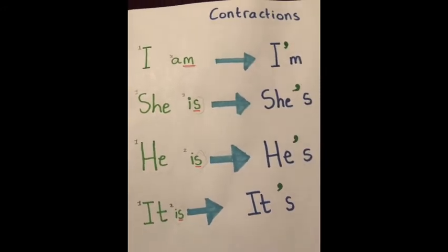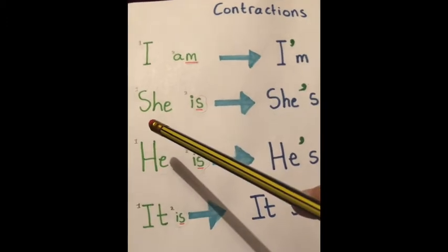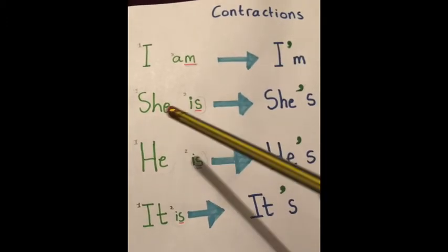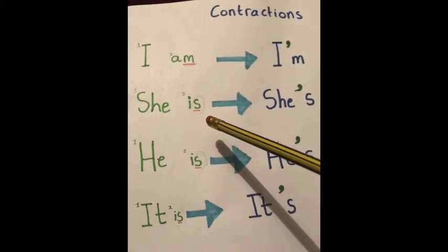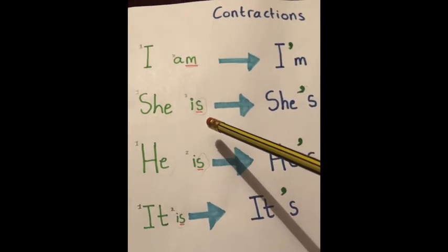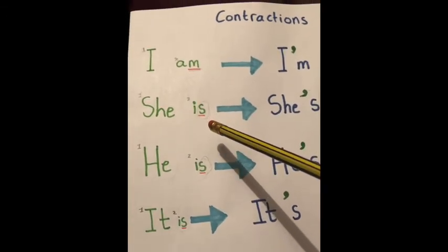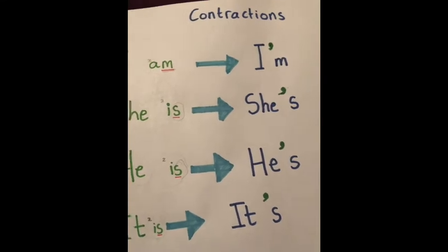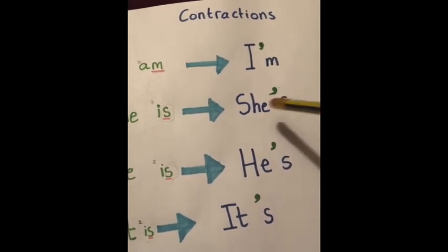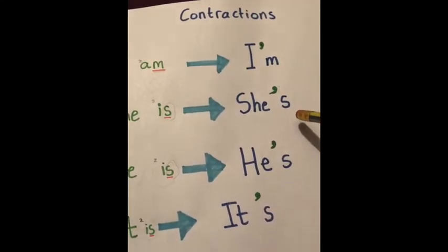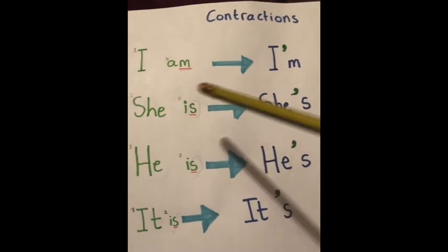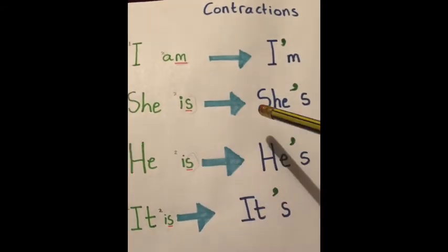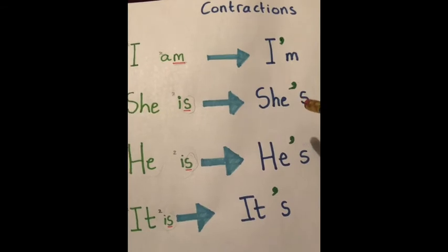Okay? Now, she is. She is an excellent girl. Okay? She's an excellent girl. Here, she's is a contraction. Okay? Because we changed these two words into one word.